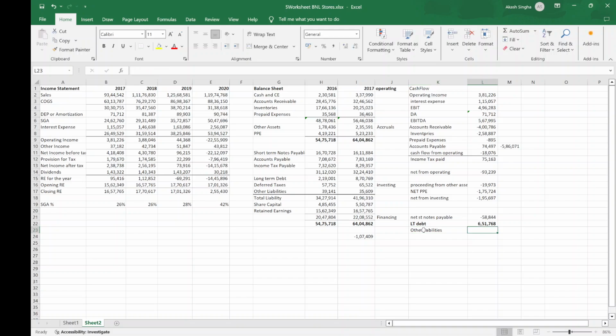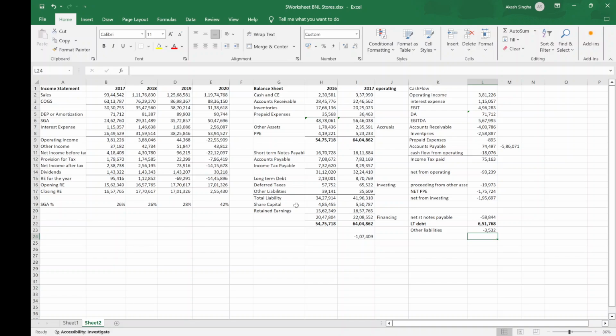Other liabilities, I don't think it should be here, right? Okay, I think other liabilities can be here. It got decreased. So cash outflow. So this minus this. Okay, these are here from here.